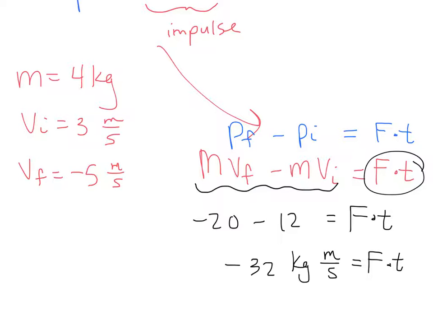You already have the answer on this side, right? If you're told that the time of contact is 0.3 seconds, put 0.3 in over here and divide by 0.3 to give you the force acting on the object, which will clearly be negative because this is going to be a negative divided by 0.3.